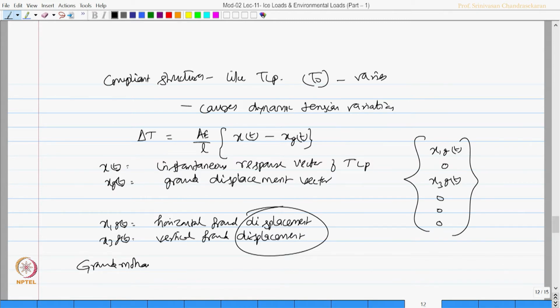which is caused by earthquakes is simulated by Kanai-Tajimi ground spectrum.